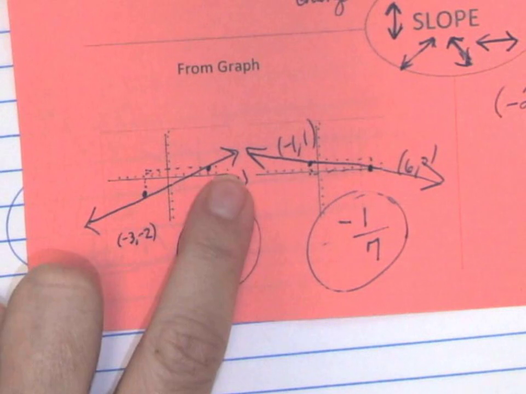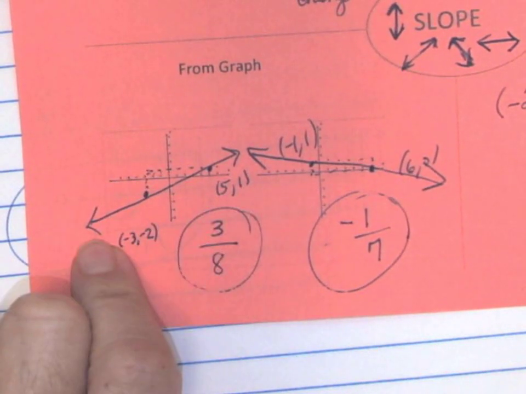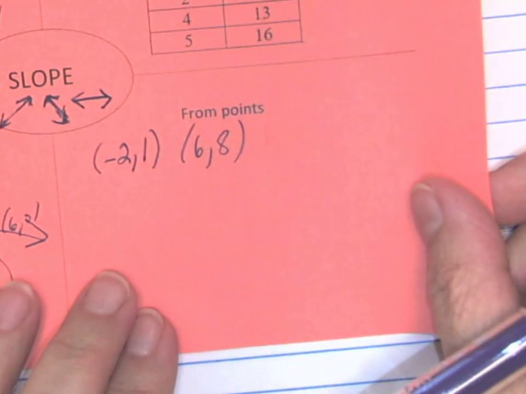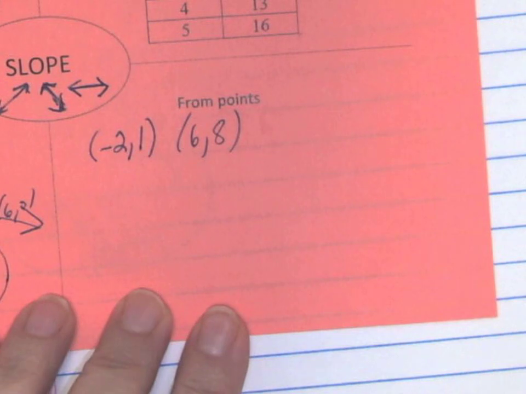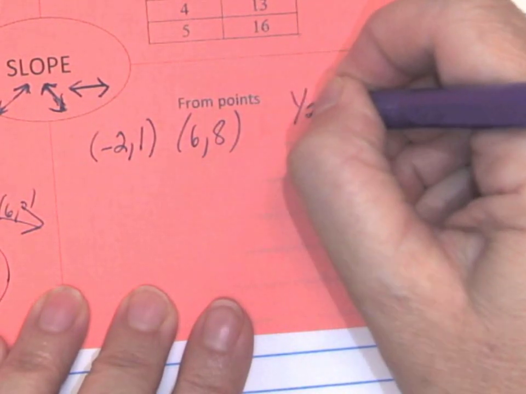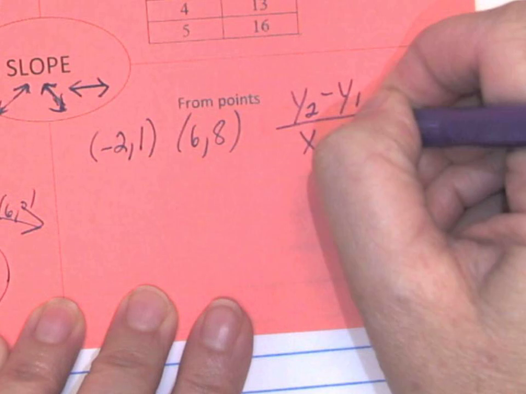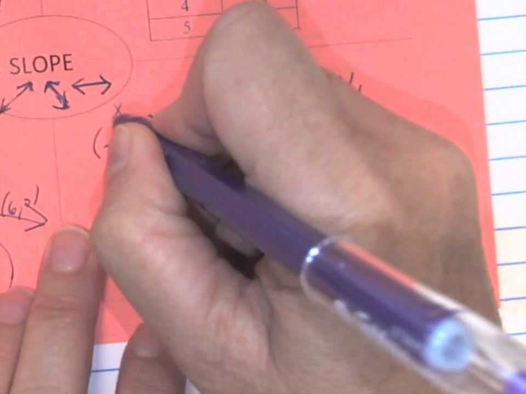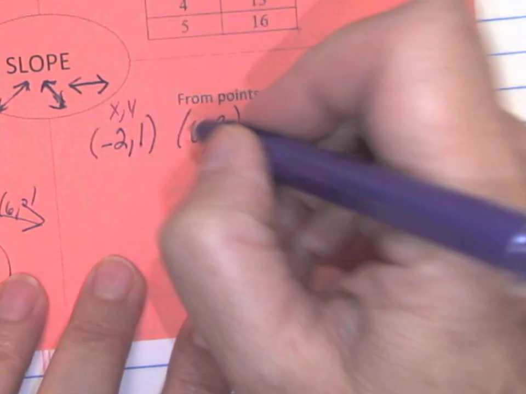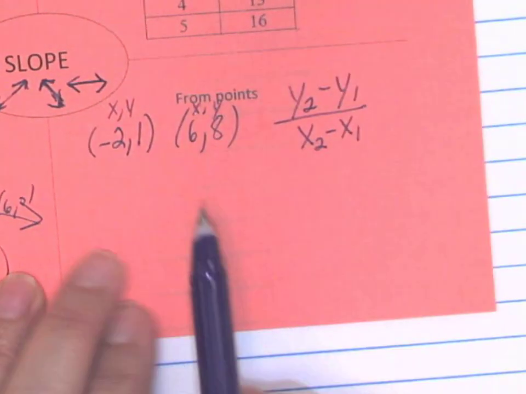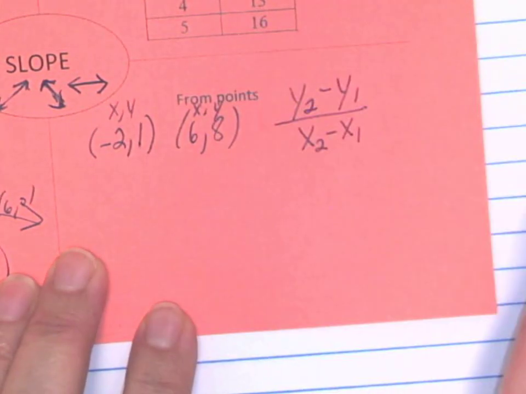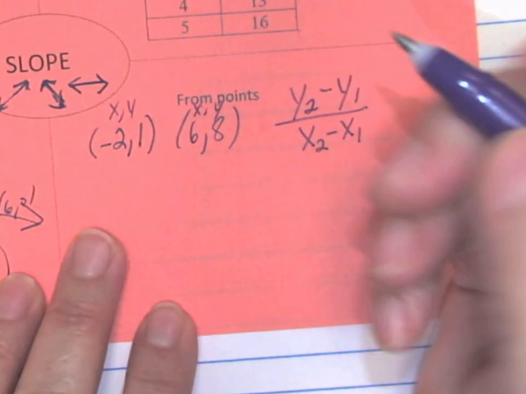I could have found 2 points on my line and plugged them into this formula, or I could have just counted. I thought it was easier to count. So my slope formula is y2 minus y1 over x2 minus x1. Let's call this point 1 and point 2. I don't really care which one you call which.